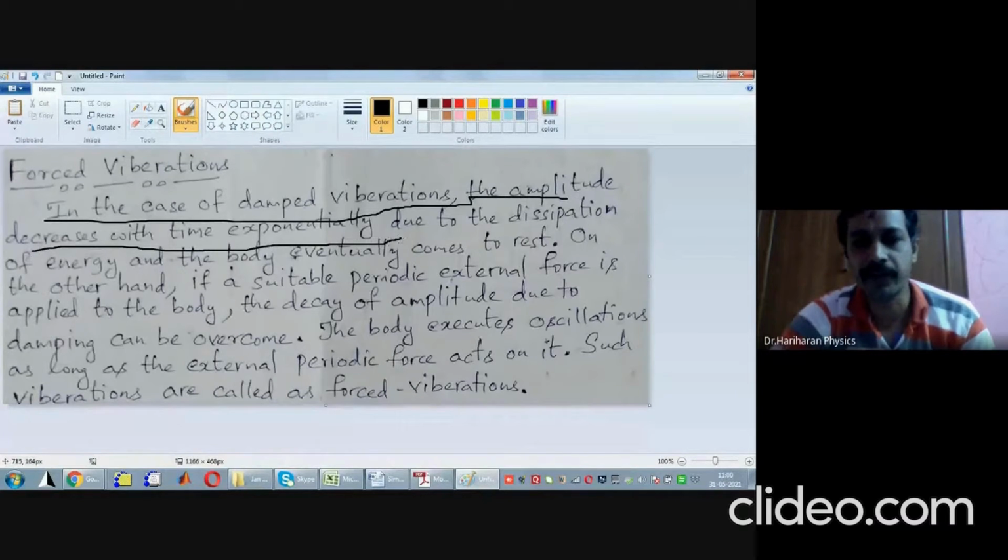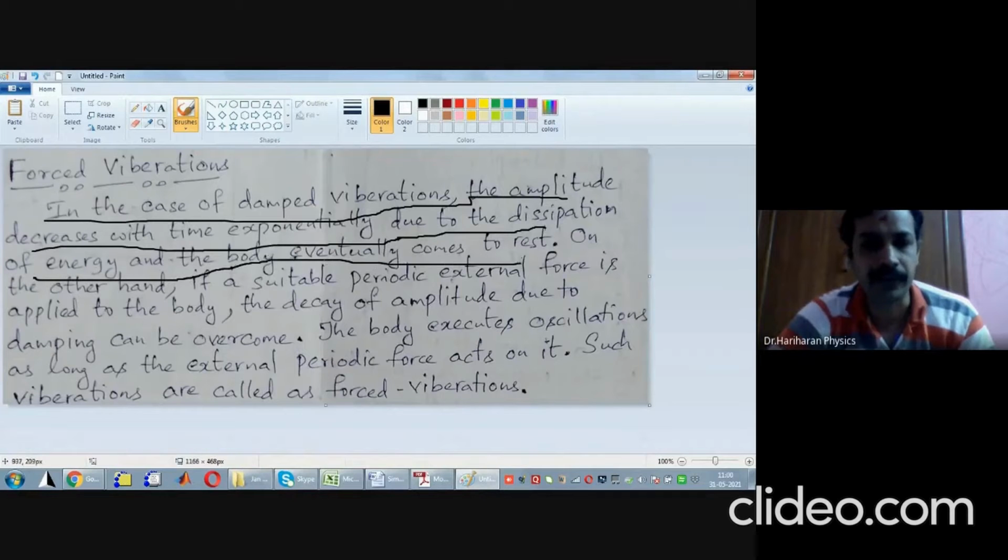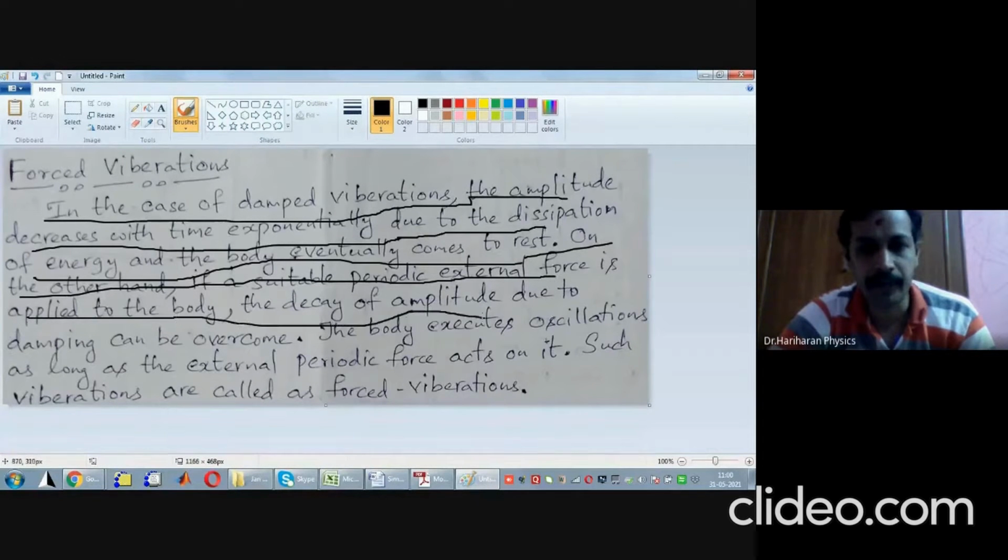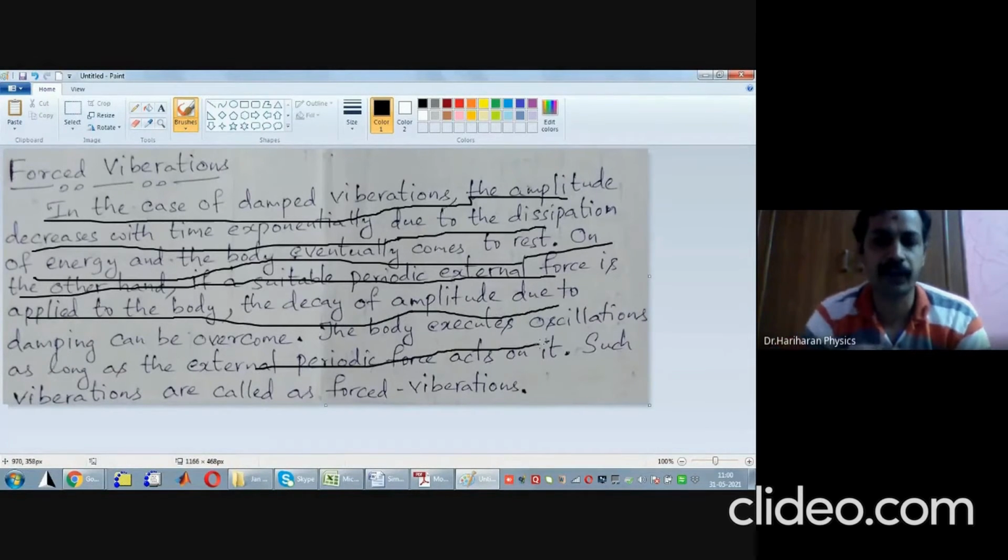Why does this happen? Because of loss in energy due to the opposing force offered by the medium. That is due to dissipation of energy, and the body will eventually come to rest. On the other hand, if a suitable periodic external force is applied to the body, the decay of amplitude can be compensated or overcome. So the body is set into oscillation as long as the external force is acting on the body. What does that mean?